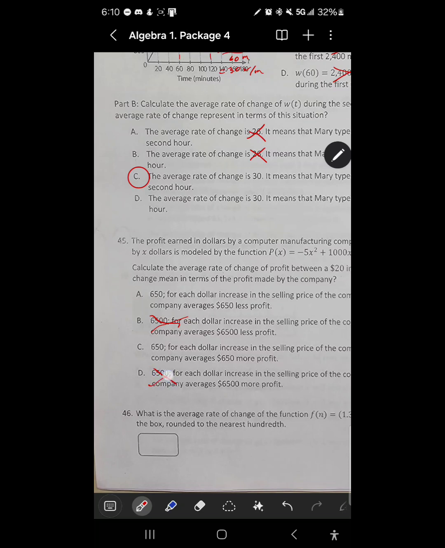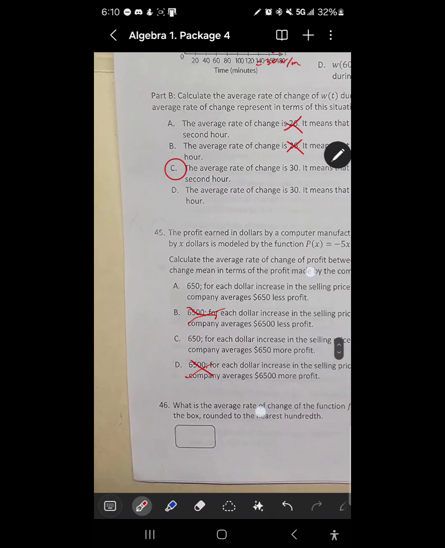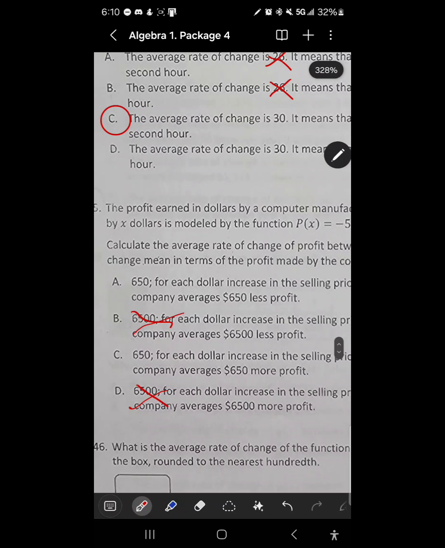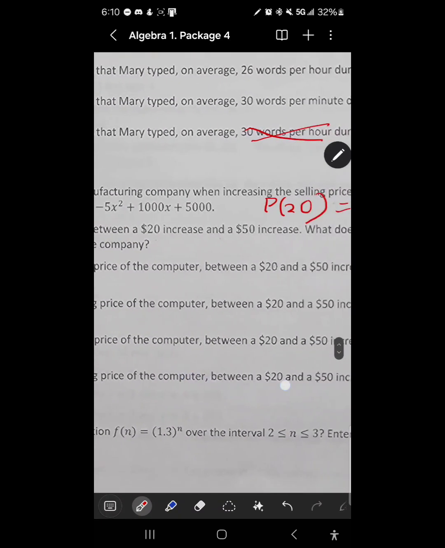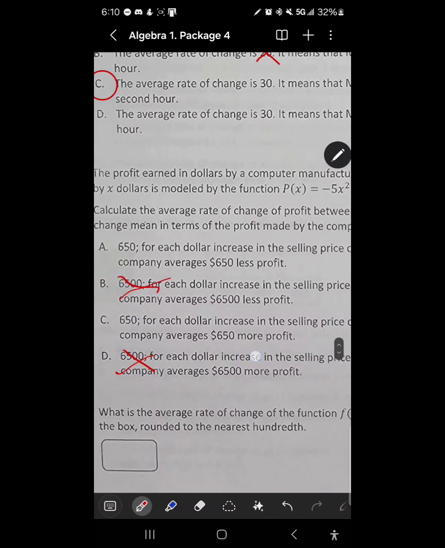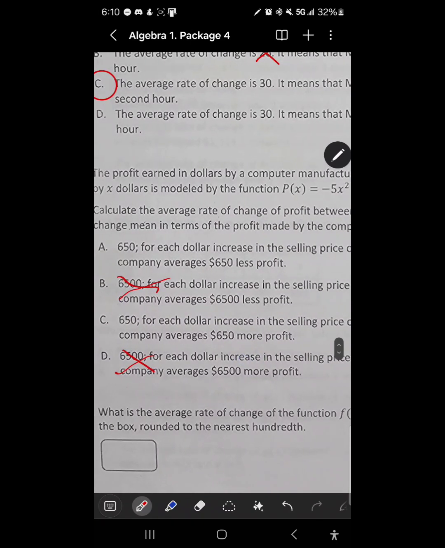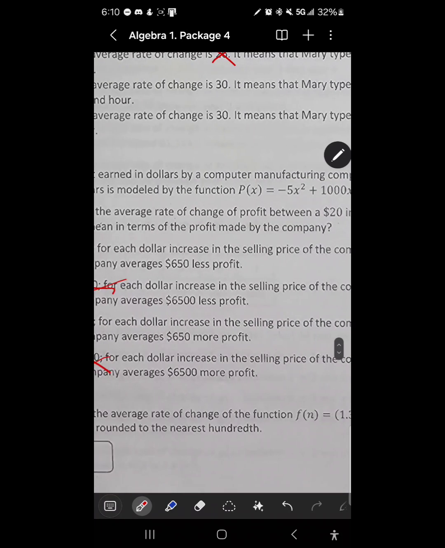We take out B and D because of the sign. So here, let's read these two: for each dollar increase in the selling price of the computer between 20 and 50, the company averages 650 less profit, and this is the same but with more profit.